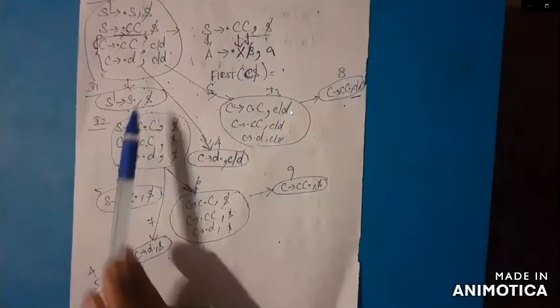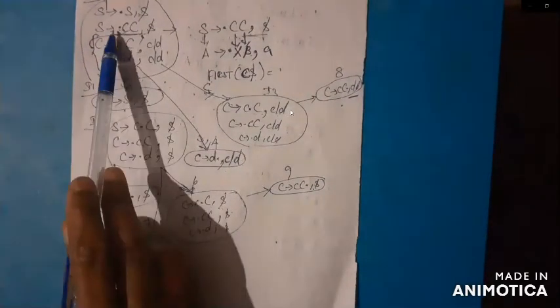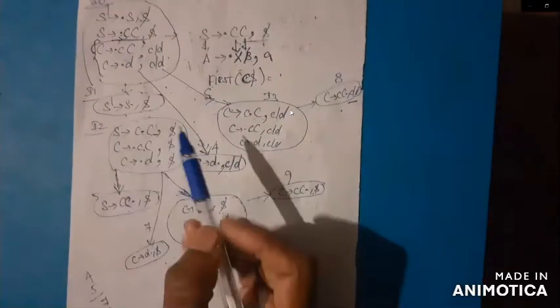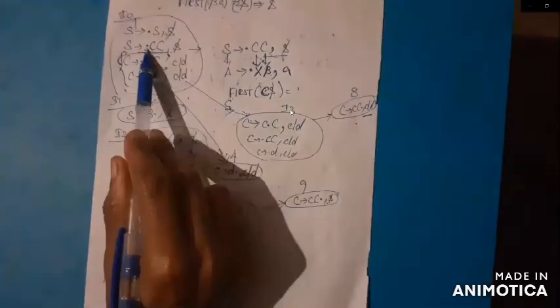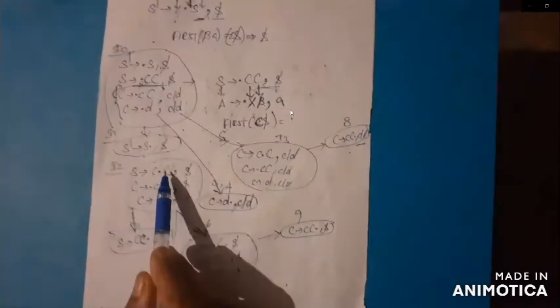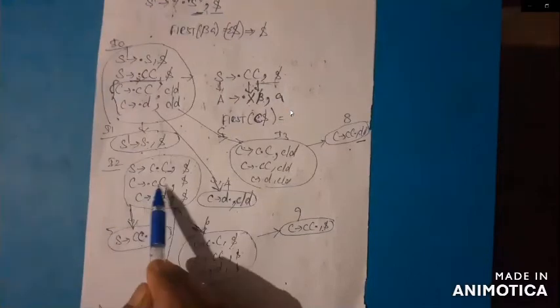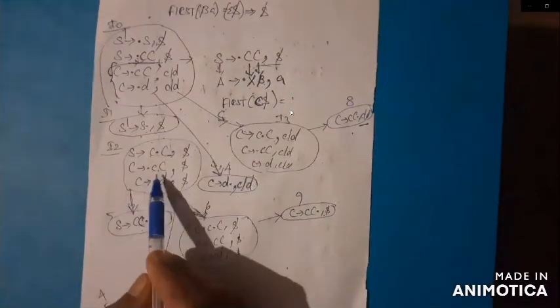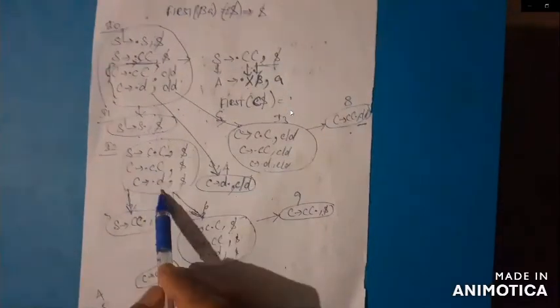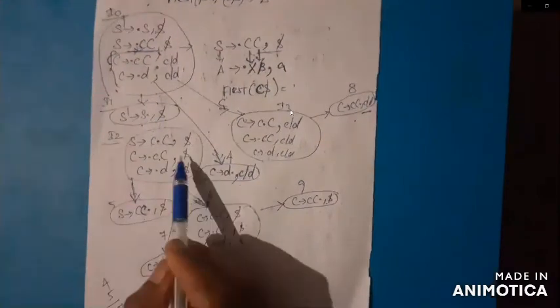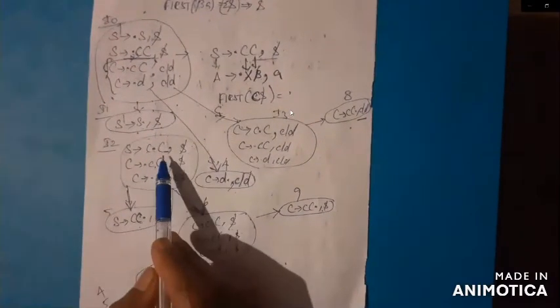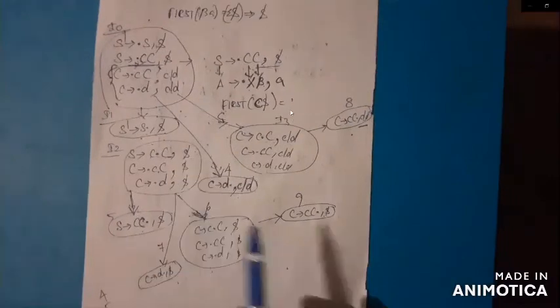Then check the second grammar S dash tends to dot CC. So here dot CC, the dot can move to C dot C, C dot C comma dollar. So dot C means you have to write for the C productions. Dot CC dot D, you have to write the lookup symbol alpha dot beta A. So here A is empty, dollar symbol.